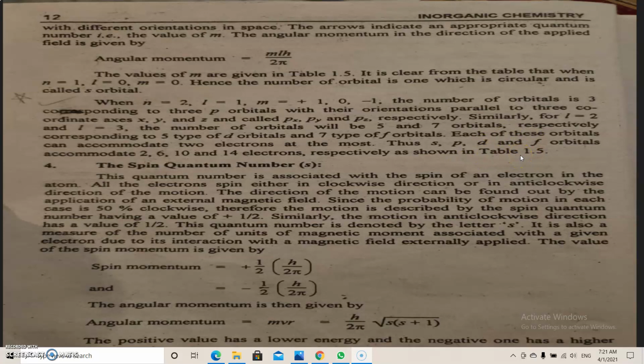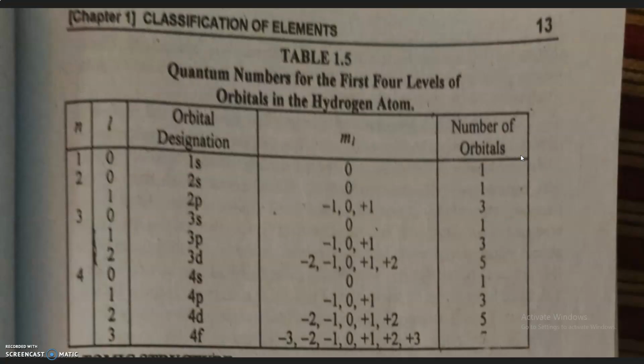Now let's see what is shown in table 1.5. They have shown here that if the principal quantum number is 1, then n minus 1 will be 0, and therefore it has only one possibility, 1s, and the magnetic quantum number will be 0, and the number of orbitals will be 1 only.